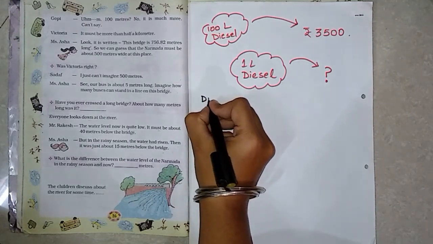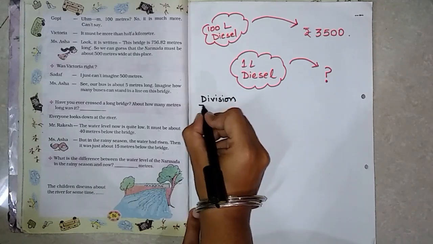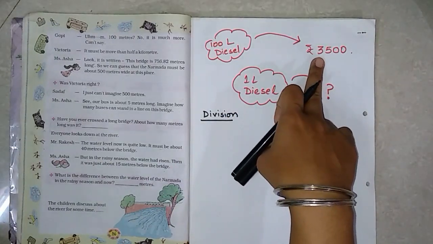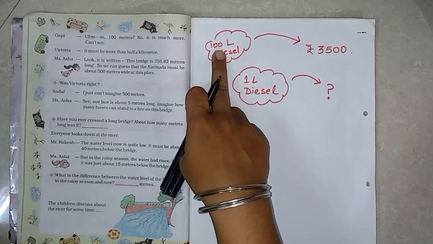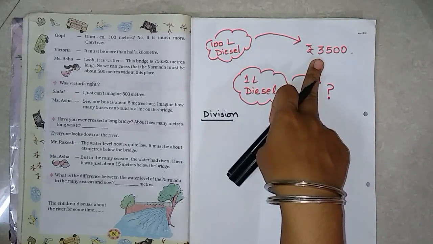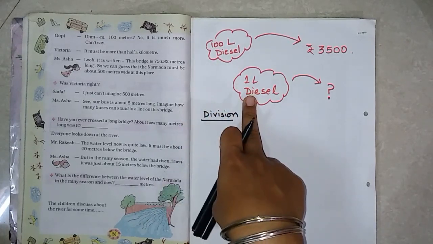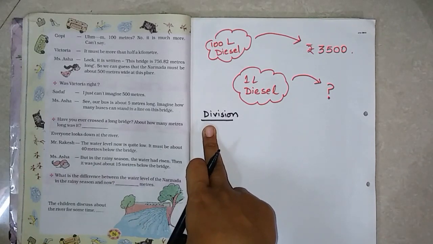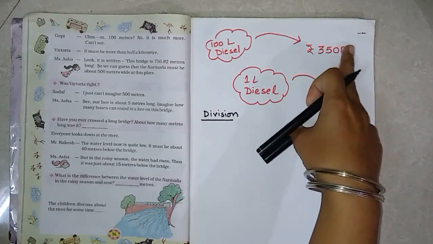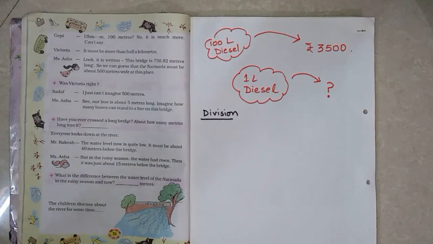We will apply division. Because this 3,500 price is for 100 liters, it means it is shared equally among 100 liters of diesel. And we need to find the price of 1 liter of diesel. For this we will do division. We will divide the whole price by 100 liters.